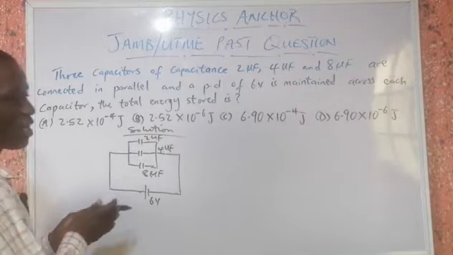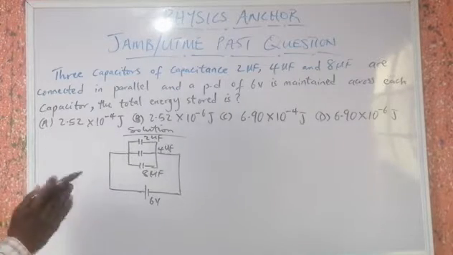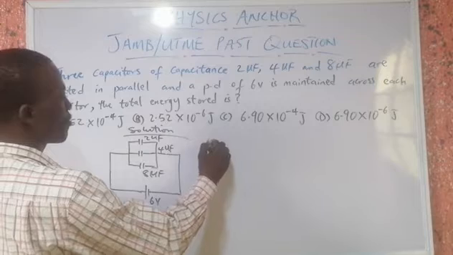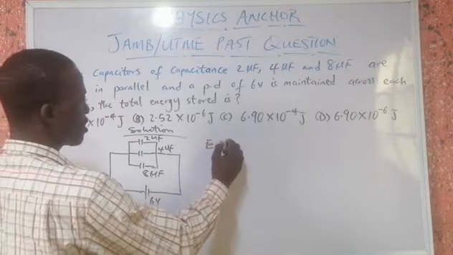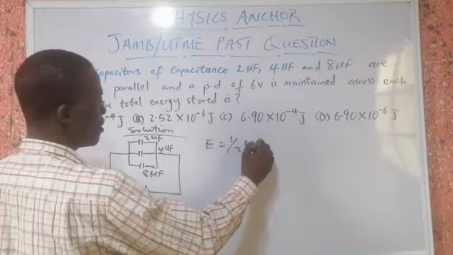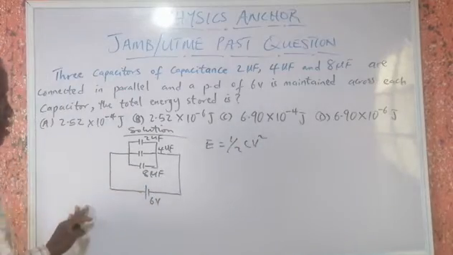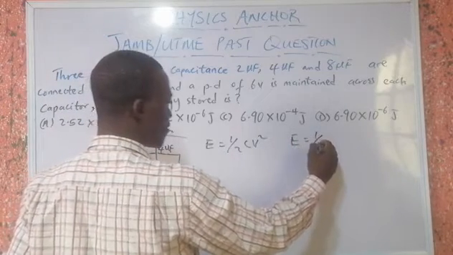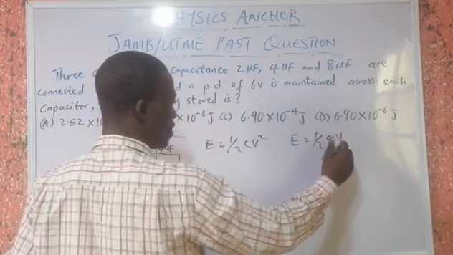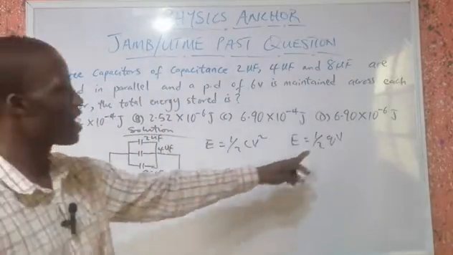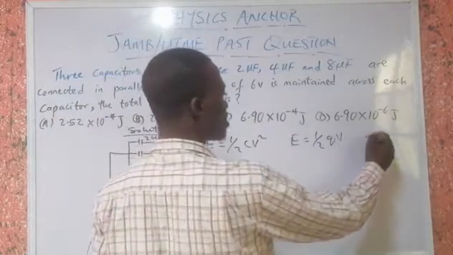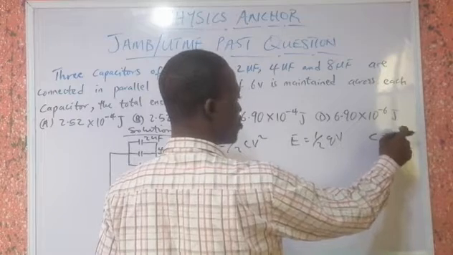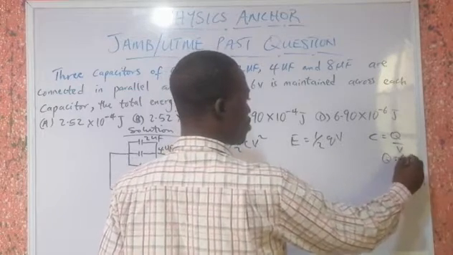And we know that in direct current capacitive circuits, the energy, which they are asking us, is half CV squared. Fundamentally it is half QV, but because our Q has a connection with C, C equals Q over V, you can represent Q as CV.